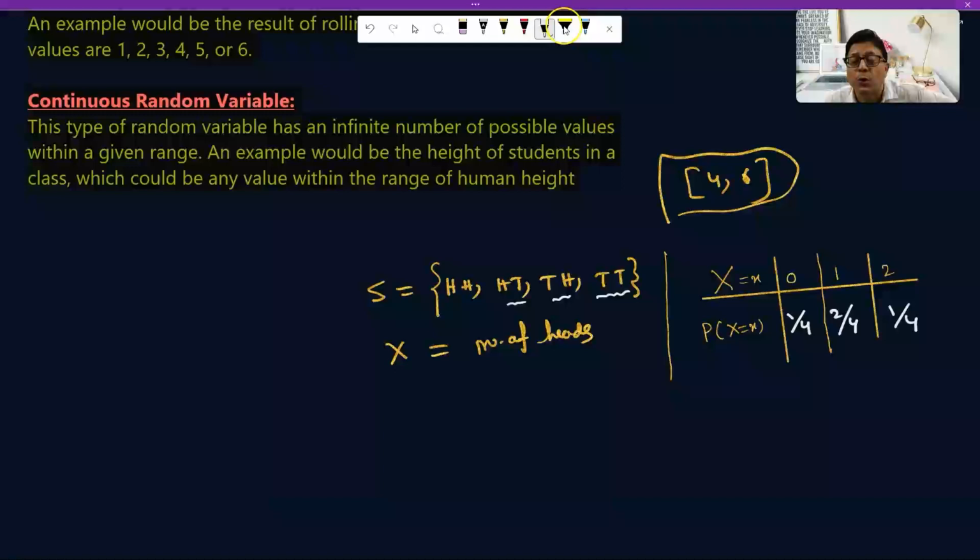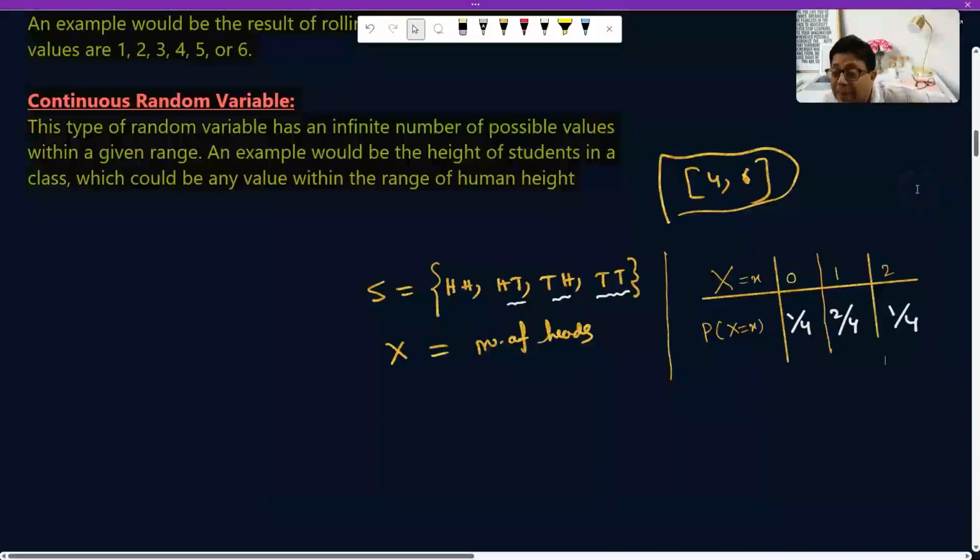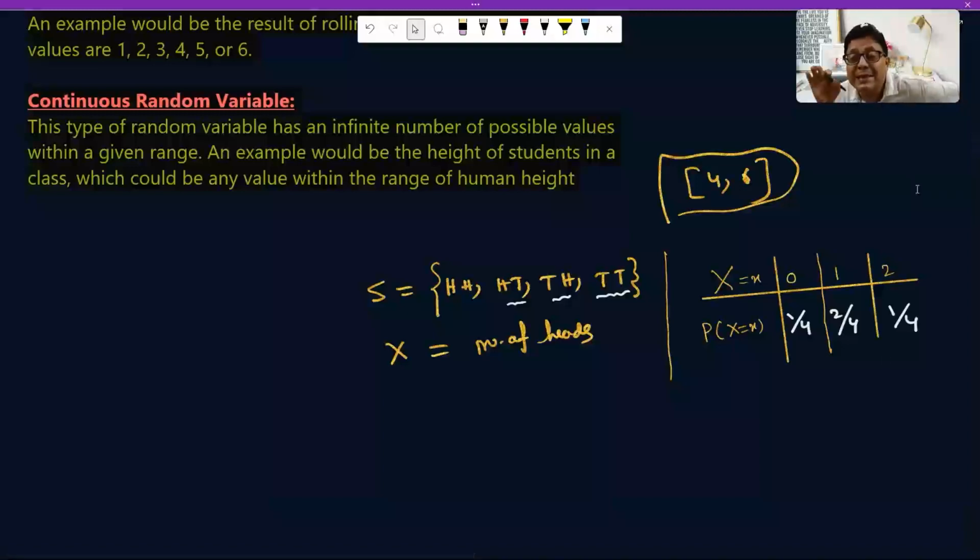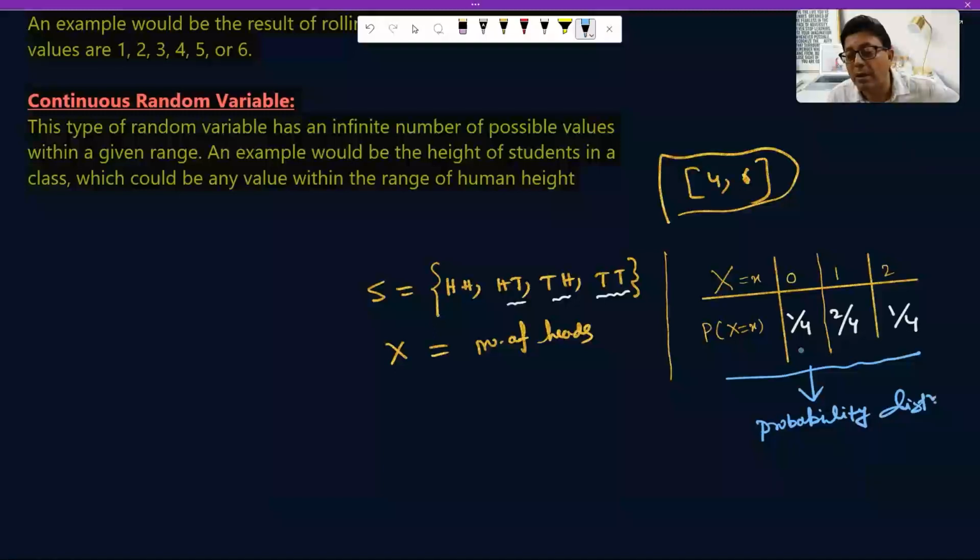Okay. When you are writing the values of the random variable in one row and corresponding probabilities in another row in the form of a table, then this is called the probability distribution of the random variable. This kind of tabular representation is called the probability distribution of the random variable x.